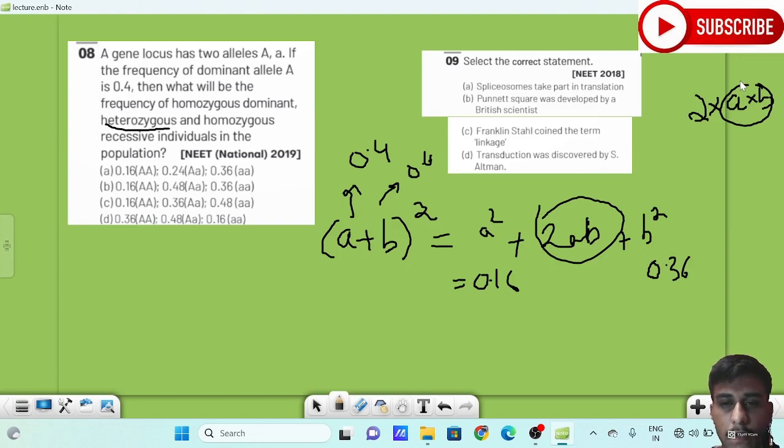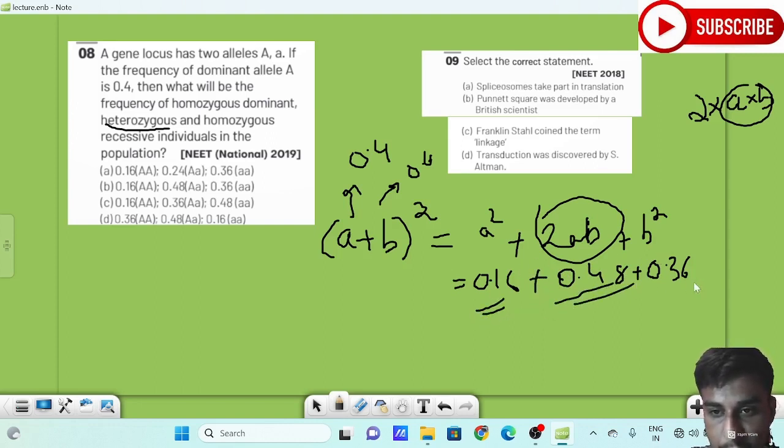So 0.4 into 0.6 is 0.24, 0.24 into 2 is 0.48. So actually we should take 0.16. So we got 3 numbers here. We should not add them. We are not doing a mathematical question, we are doing frequency. So this is the first frequency, second frequency, and third frequency. Okay, I think you got the answer. There are 2 methods to do.